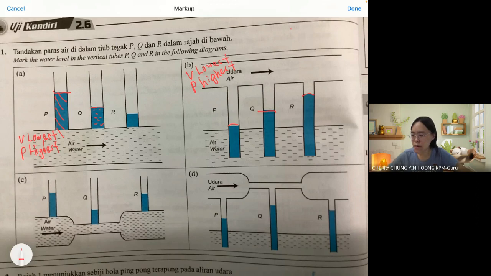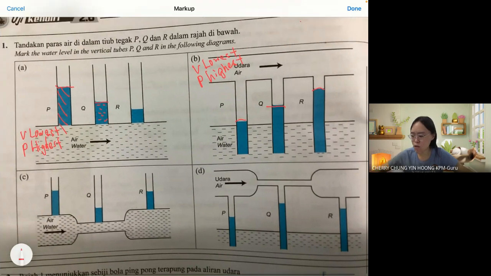OK，下面的就有一个 what do we call as a narrow space already。OK, so 这个 narrow space 呢，你要记得，它这边 narrow space the velocity is the highest, so creating lowest pressure.